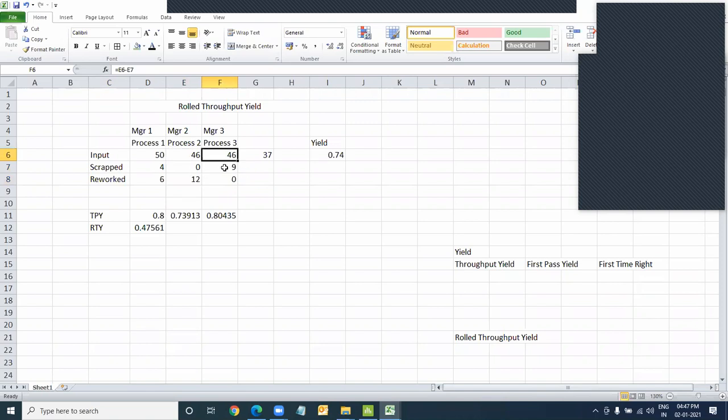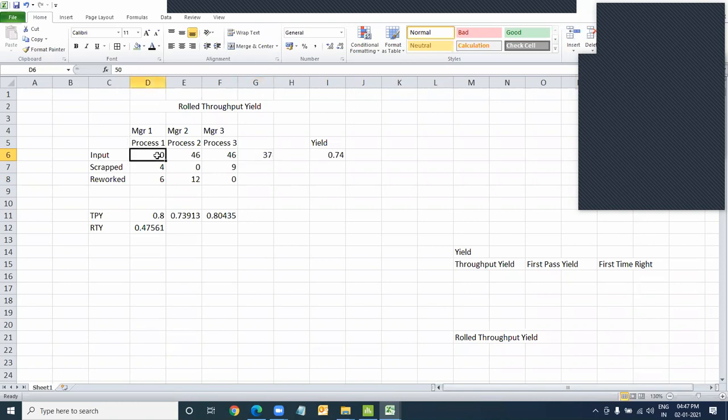In this stage, this manager works on the finishing product and finds 9 items beyond repair. They could not even rework and fix them. 9 lost. 46 minus 9 leaves 37. So net, we started with 50 and we got only 37 as output.